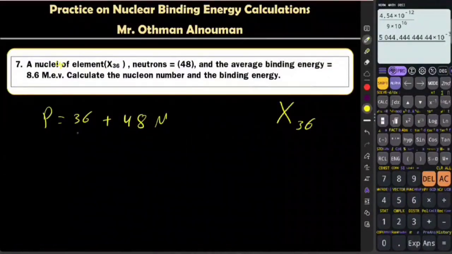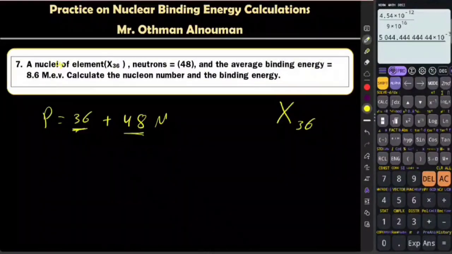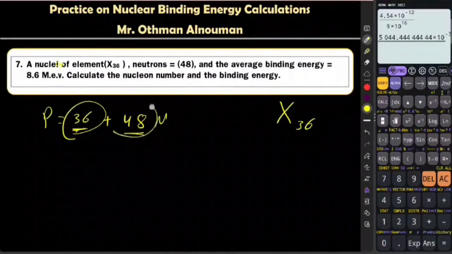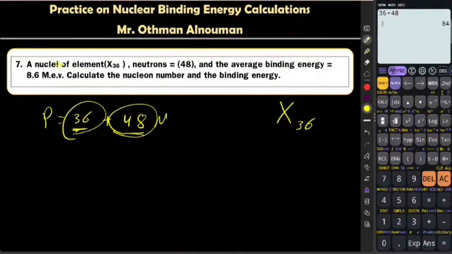So the nucleon number is going to be the proton plus the neutron. Now we're going to find the nucleon number, which is the mass number, by adding the atomic number plus the neutron number, which will give us the mass number, 84. Now we got the number of nucleons.